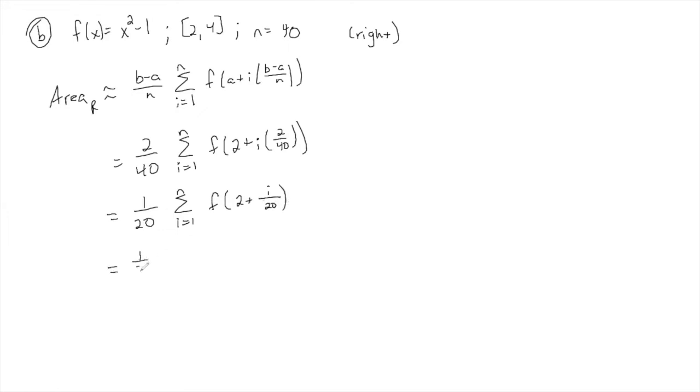And now the only thing we have to do is get rid of the f, right? Because we know what f is. n should be, in each of these cases, 40, because I know what that is. Now I have 2 plus i over 20 squared minus 1, and that is the whole summand. And that's all part B is asking for there.